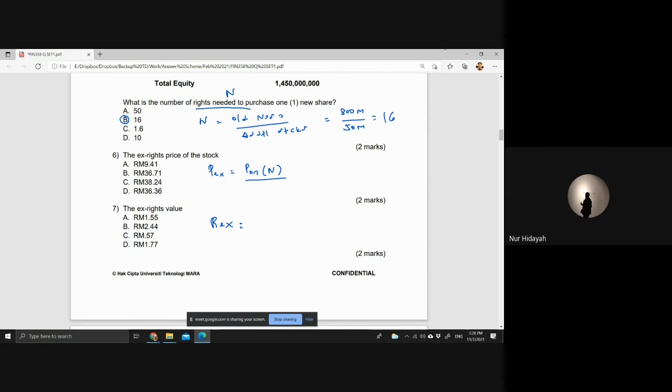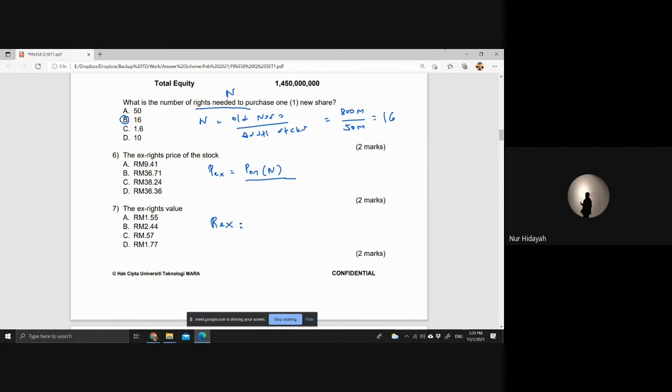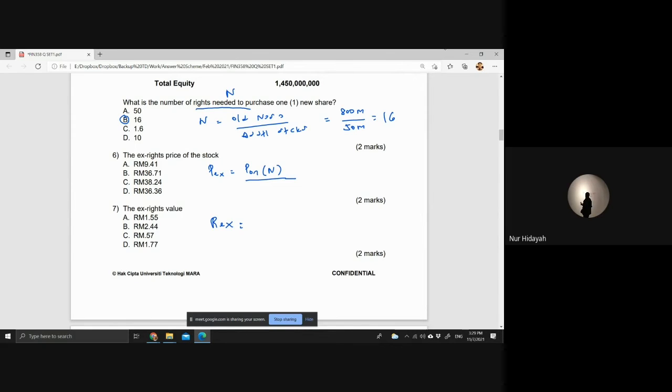Price of the stock sama dengan value of right, X right dengan REX tu kan? REX tu. Kita tak cari REX lagi, kita baru cari price ni. Oh, yang tu kalau price on times N, tambah dengan PS. Okay, divide by N plus 1 kan? Ya, betul.